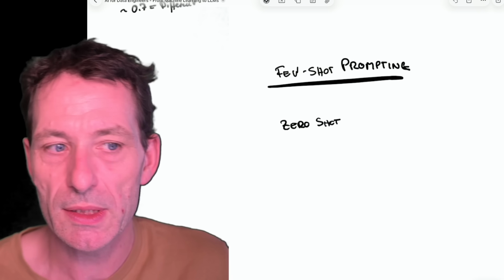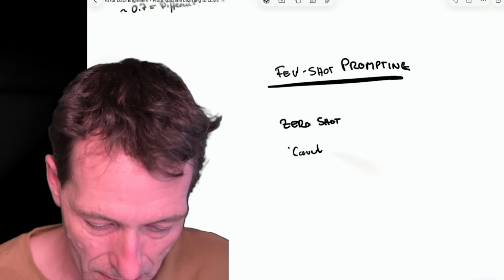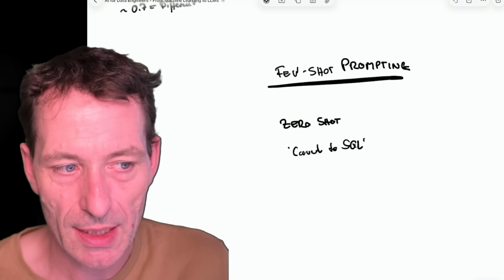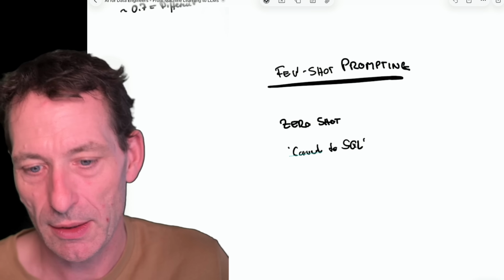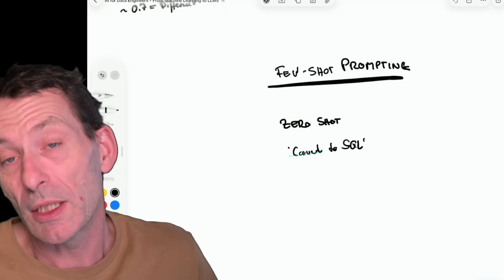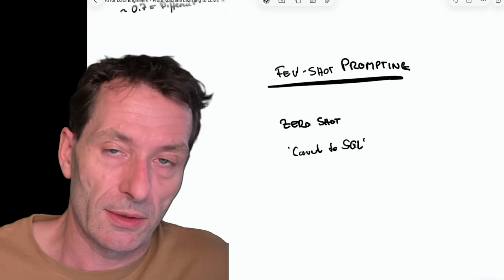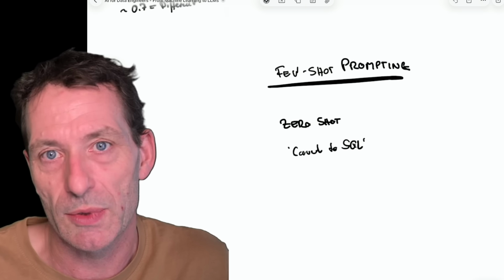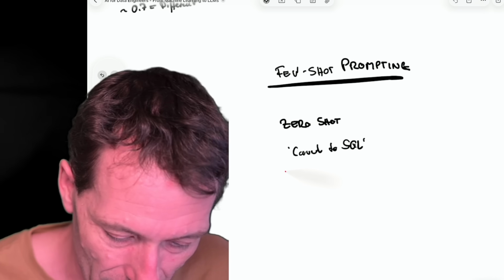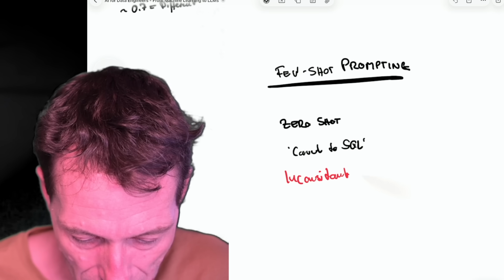Zero shot means you simply ask, convert to SQL, without any example. And then you get, of course, some kind of SQL, but depending on the maturity level of the model, you will get some assumptions, or you will get simply some SQL. That's it, right? But in the end, you will have inconsistent results.